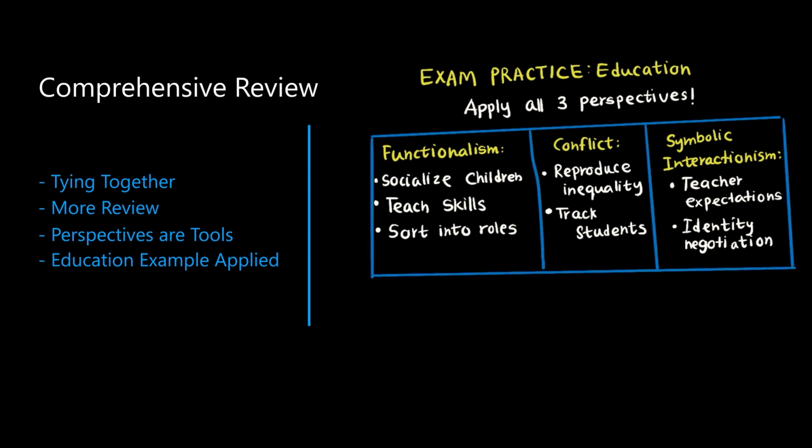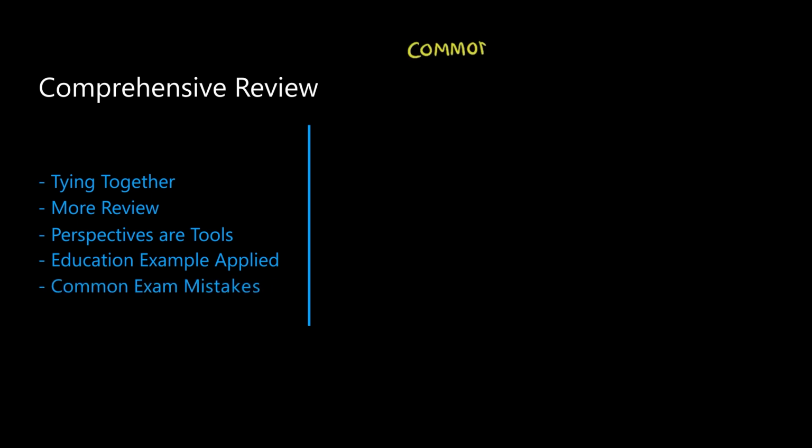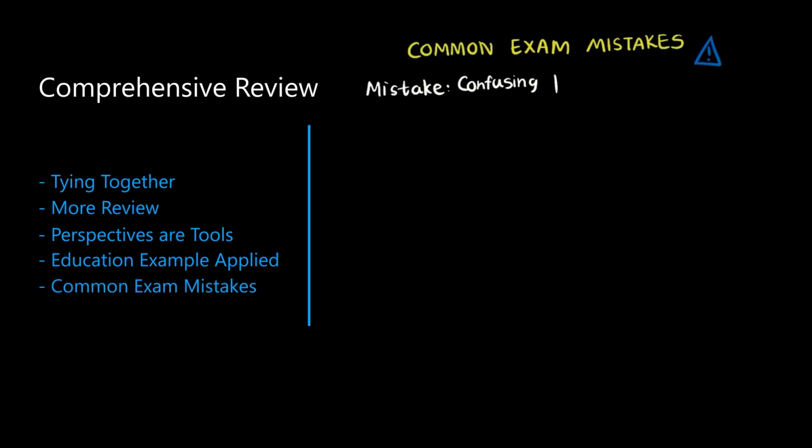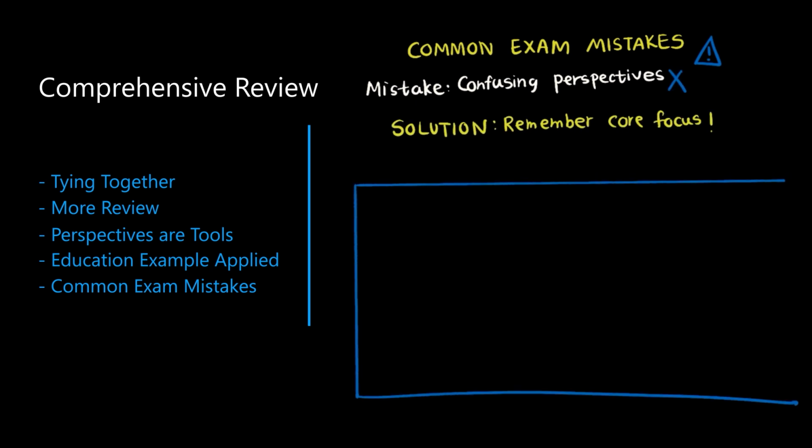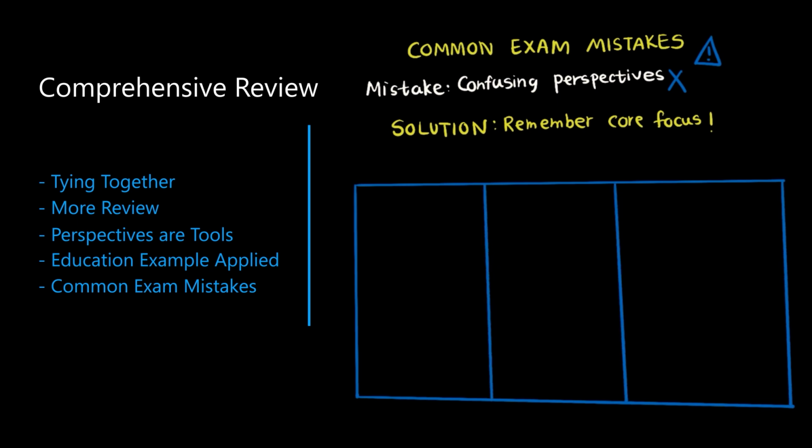The most common mistake students make on exams is confusing the different perspectives or applying the wrong one. Remember, functionalism is about stability and function, conflict is about power and inequality, and symbolic interactionism is about interaction and meaning.